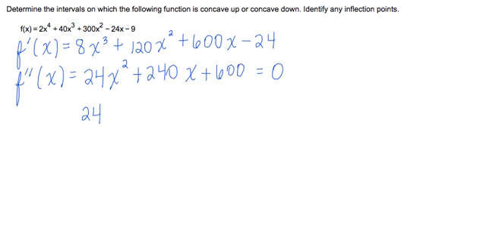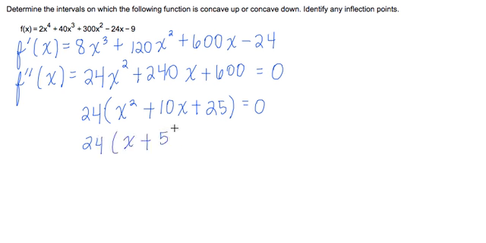Okay, so then that would leave me with x squared plus 10x plus 25. That will factor, looks like, into x plus 5 and x plus 5. Or we could write that as x plus 5 squared.